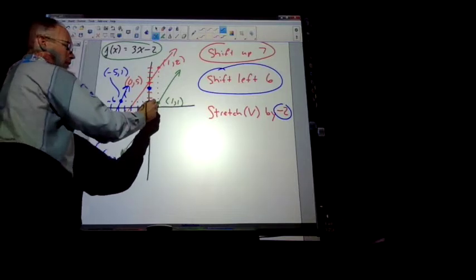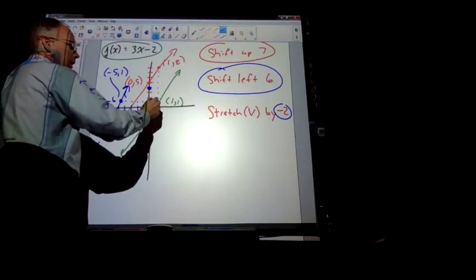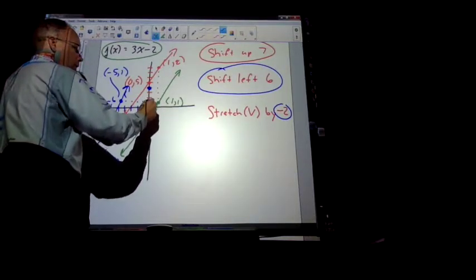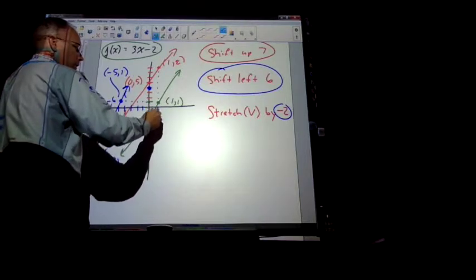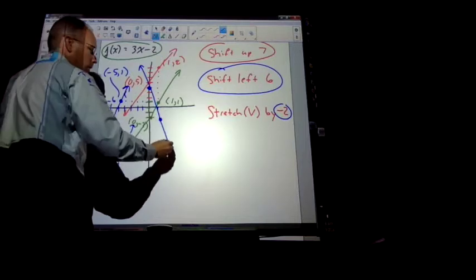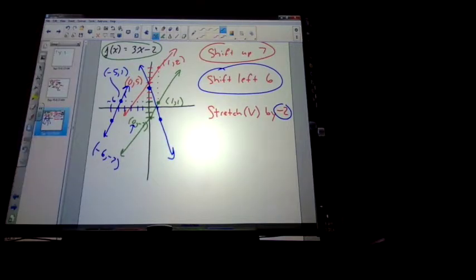And then this one's going to become 1, -2. So the negative flip-flops it, as well as changes the pitch of the line. I don't want to say it changes the slope of the line, because obviously if you become an opposite slope, the slope's going to flip over. So it's not a perpendicular slope, but it just changes the pitch or the steepness of the line.